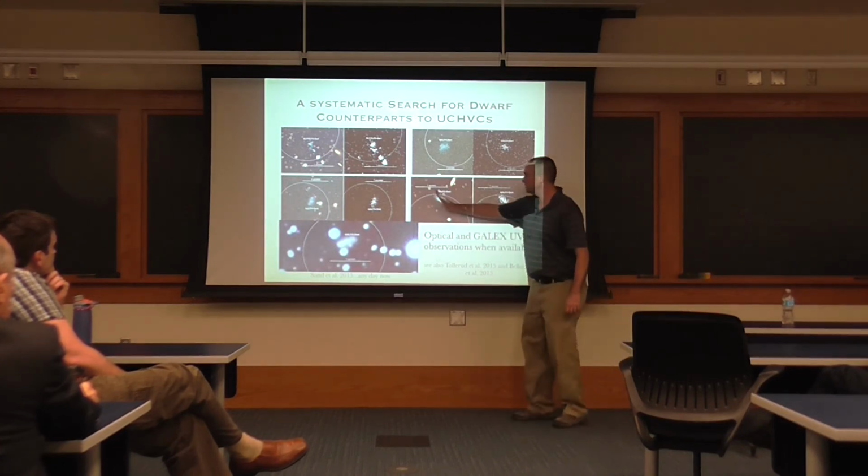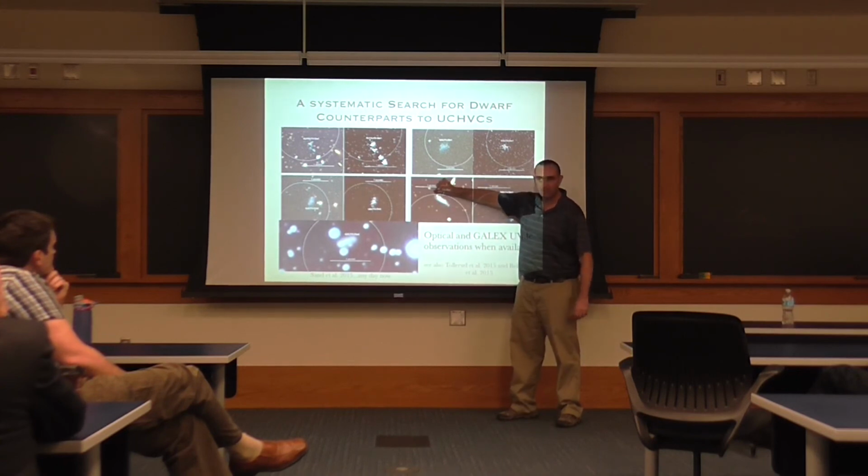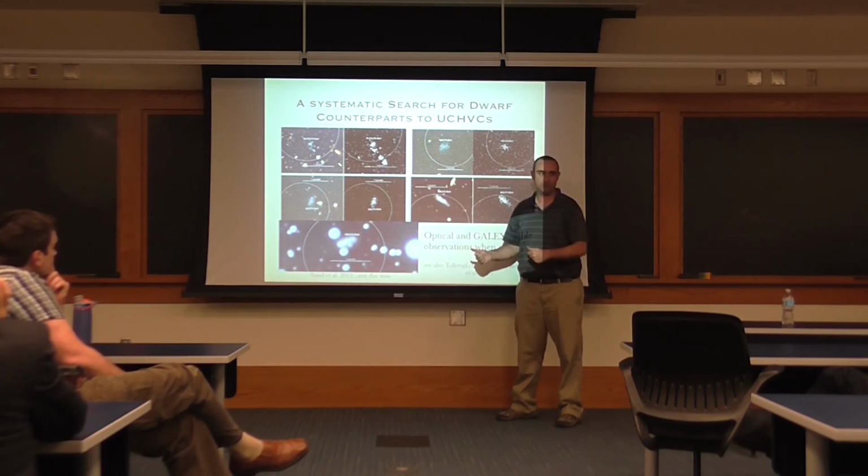For instance, we put the slit down here, and I only got a little bit of H alpha out on the edge. So I almost feel like I need to get H alpha imaging to figure out where the H2 regions are, and then get spectra. Which means it's years away.